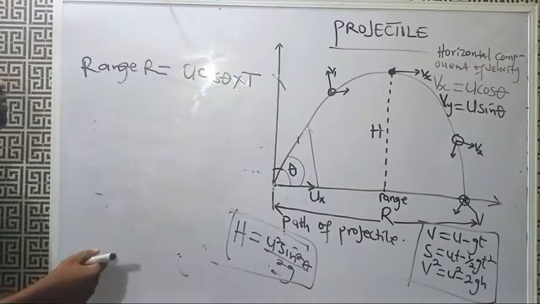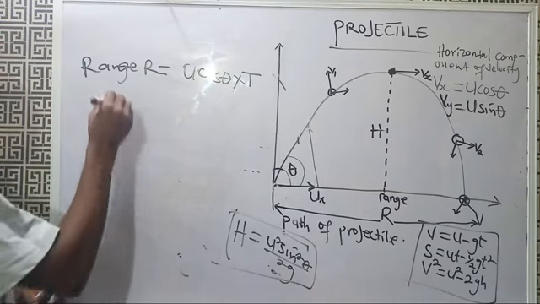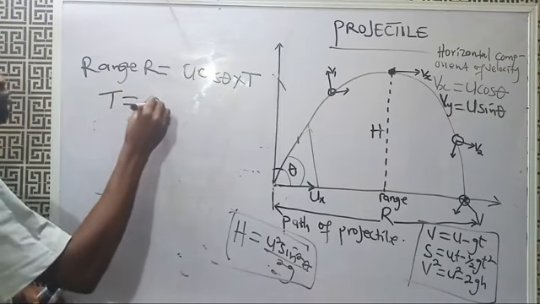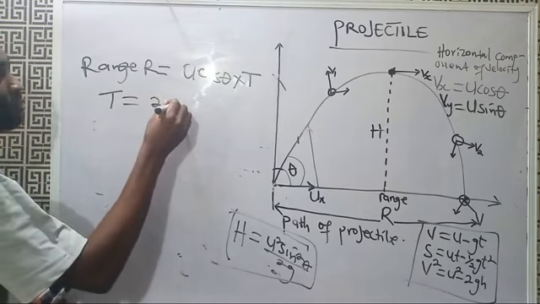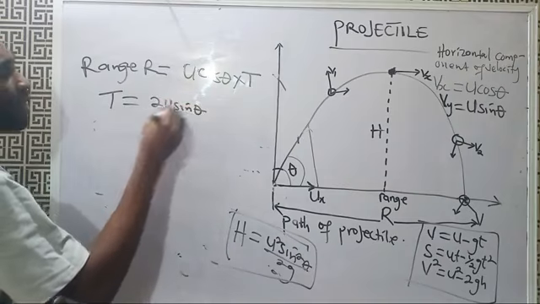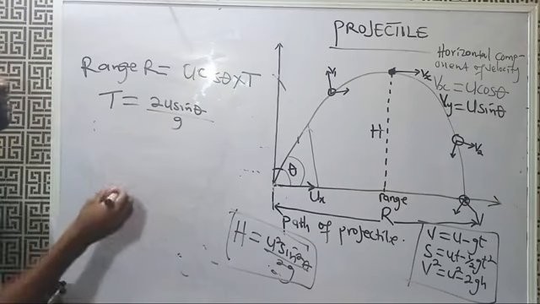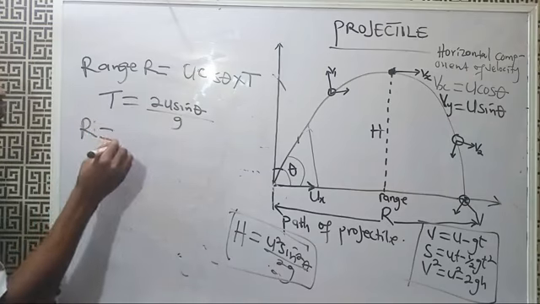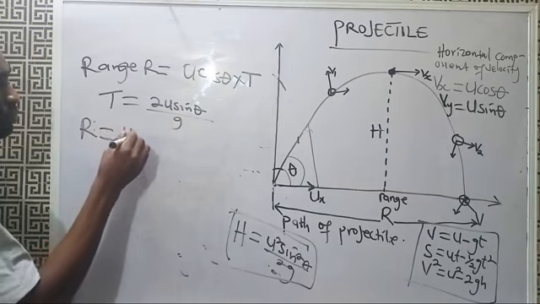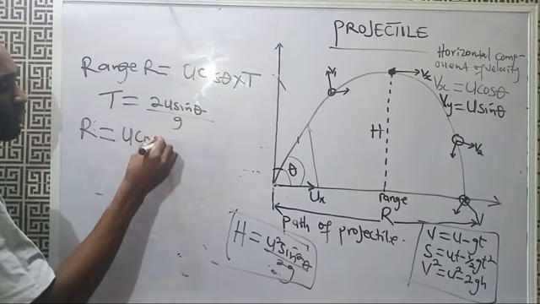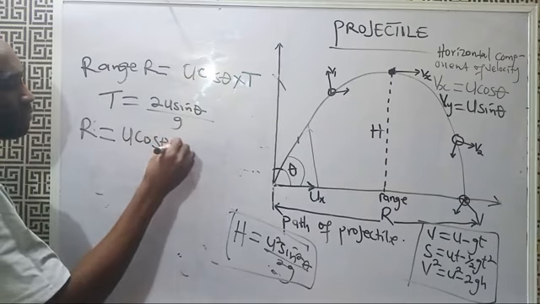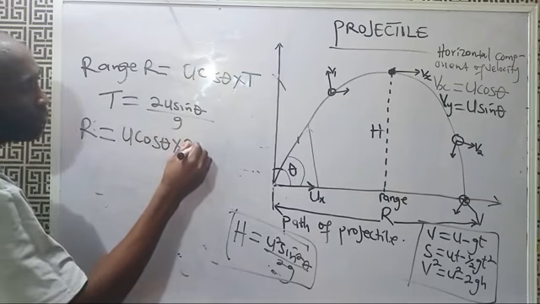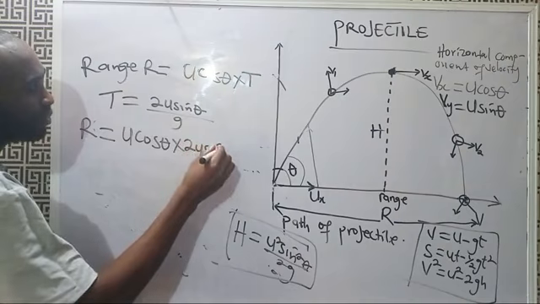Capital T stands for time of flight. Know that time of flight is equal to 2u sine theta all over g. So let's put it back. We have that range is equal to u cos theta times 2u sine theta all over g.